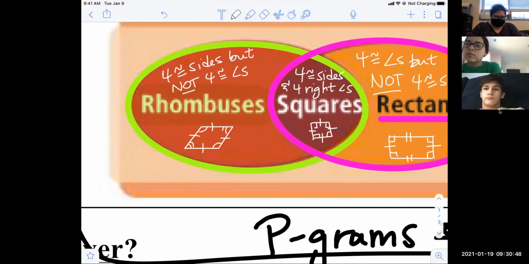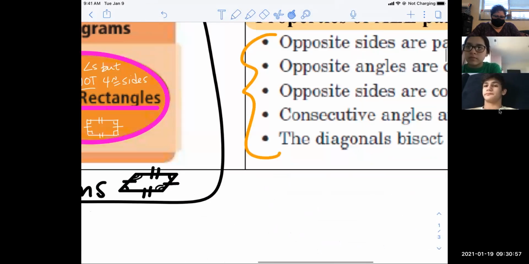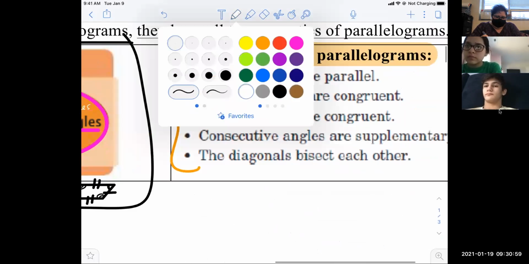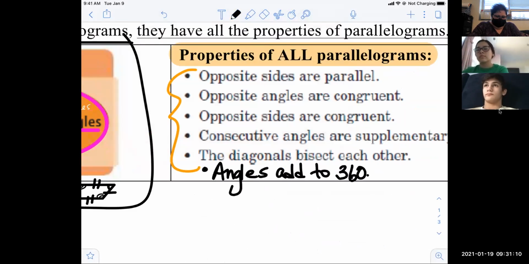So they're still going to add to 360. They're still going to be consecutive angles adding up to 180, but there can't be 4 right angles there. I'm going to add that property over here because that's something we know. In every parallelogram, angles add to 360. That's true in every quadrilateral, but something to remember.